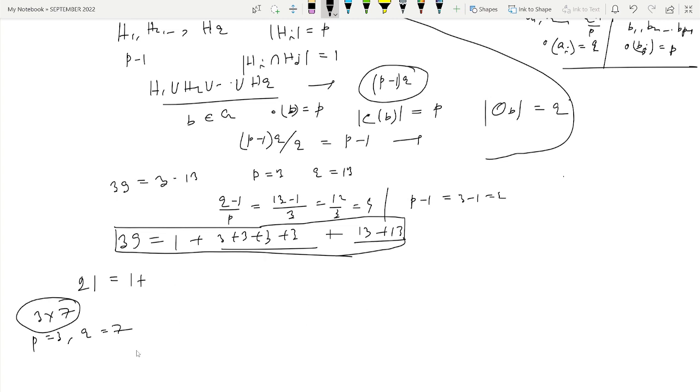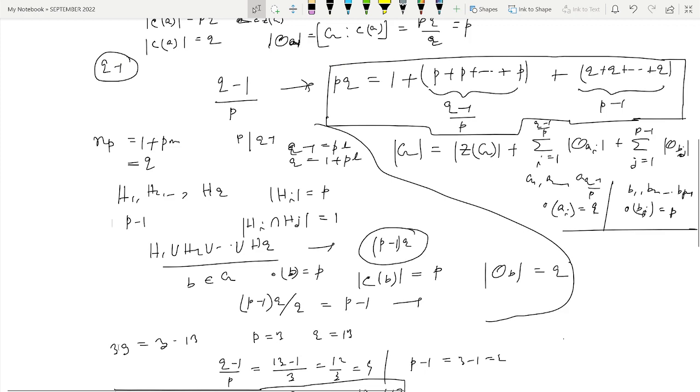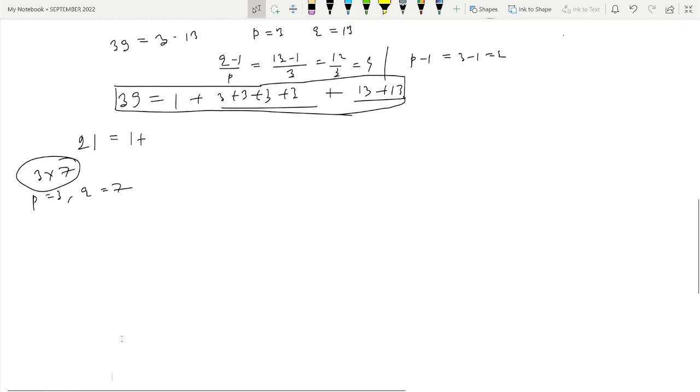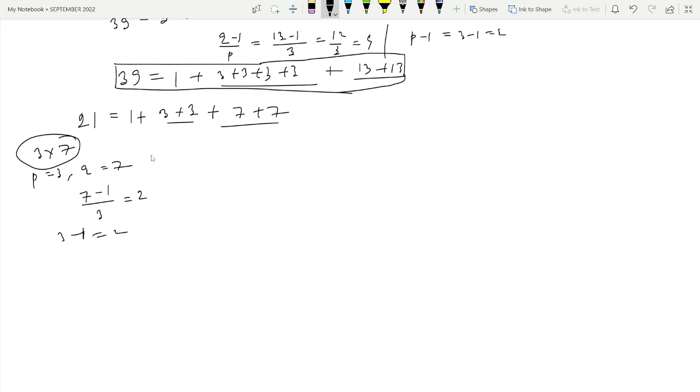So the number of orbits of size P should be (Q minus 1)/P, that is (7 minus 1)/3, that is 6 by 3, 2 times 3 plus 3, and (P minus 1), that is 3 minus 1, 2 times 7 plus 7. And see this is also in option 3. So option 3 is also a correct option, and this is the right class equation of a group of order 21.